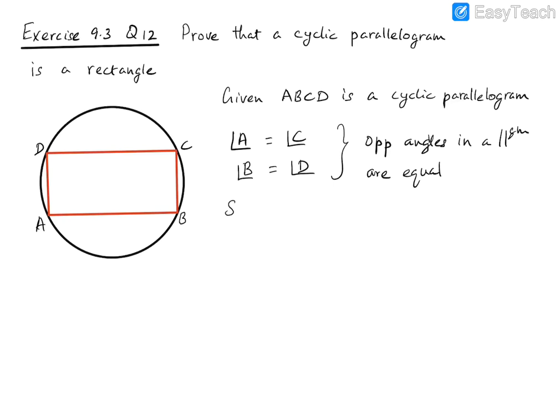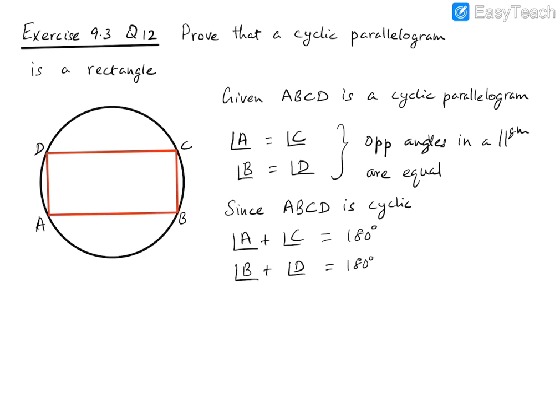So we say, since ABCD is cyclic, angle A plus angle C is 180 degrees. Similarly, angle B plus angle D is also 180 degrees.